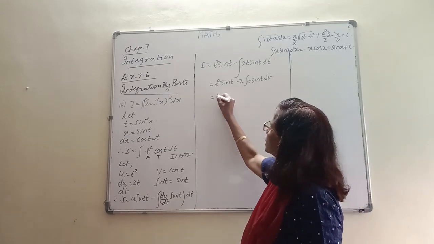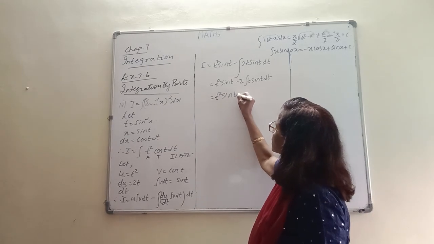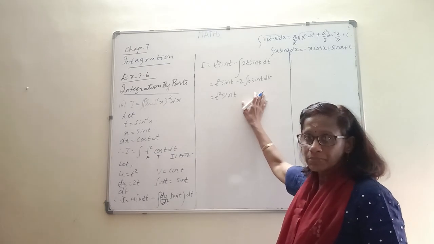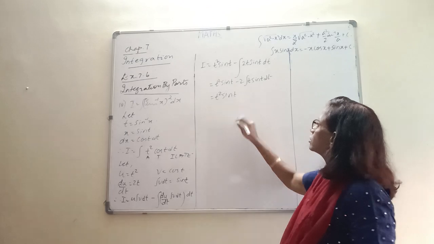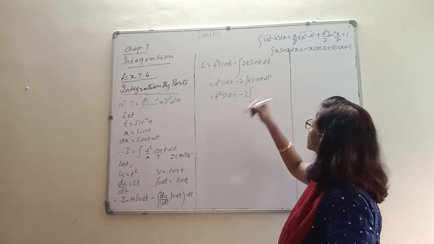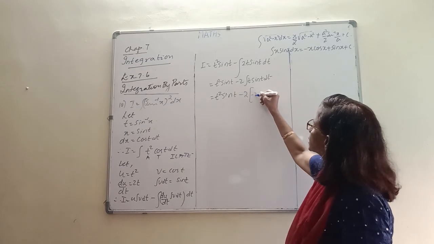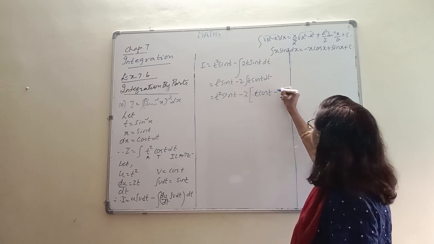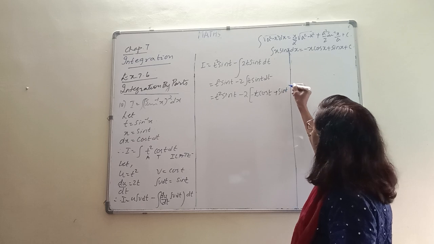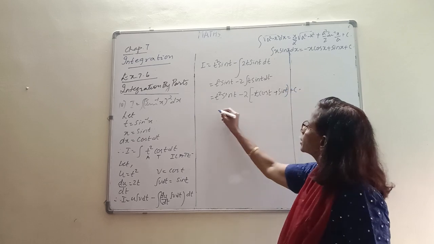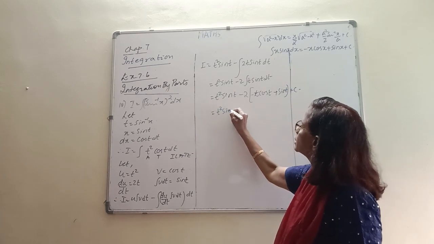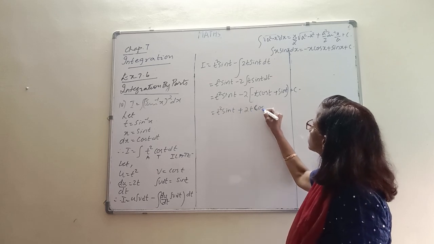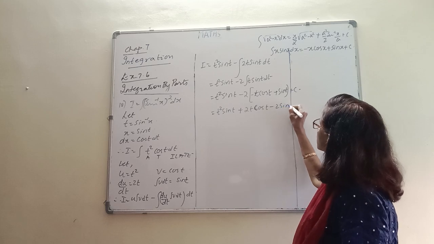Otherwise in this problem, we would have to take it as I1 and apply the integration by parts once again and get the integral. Since we have done it just some time back, we can take it. But in the exam, of course, you will have to do it once again and show. t cos t plus sine t plus c. So let's write this: t squared sine t plus 2t cos t minus 2 sine t plus c.